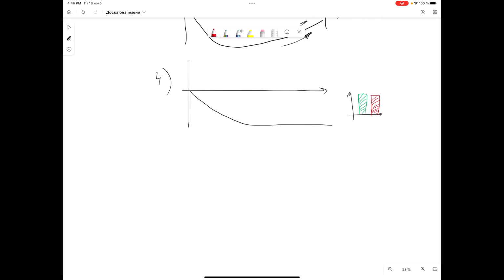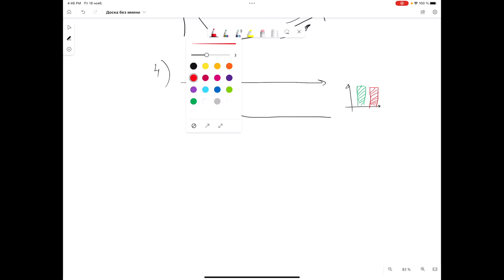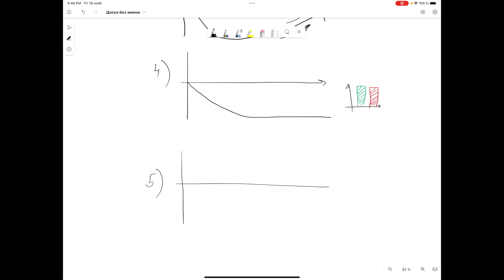Then if we move forward with drawing, we have another type of diagram like this, for example. So this means that we have a period here when we are living at break-even point.